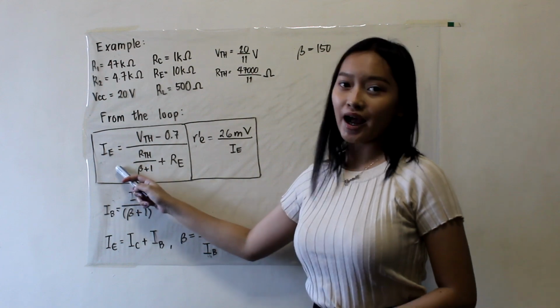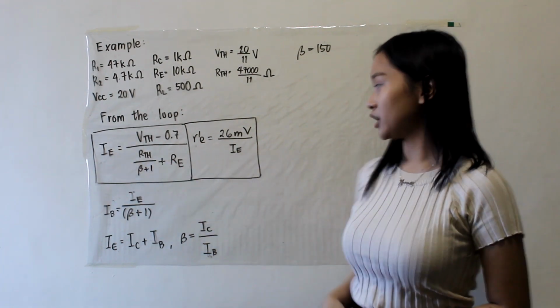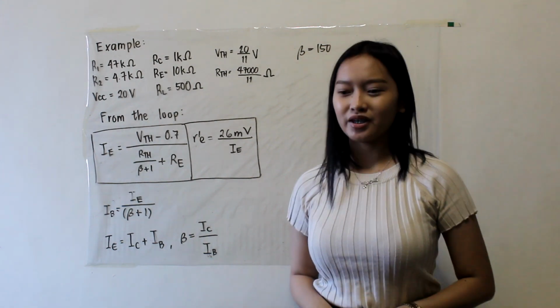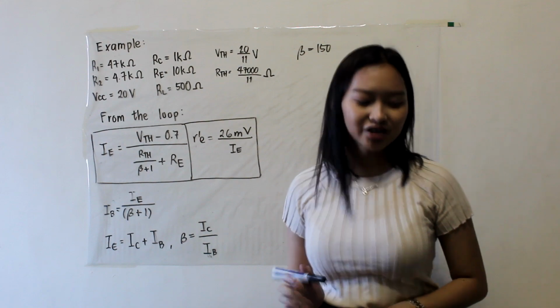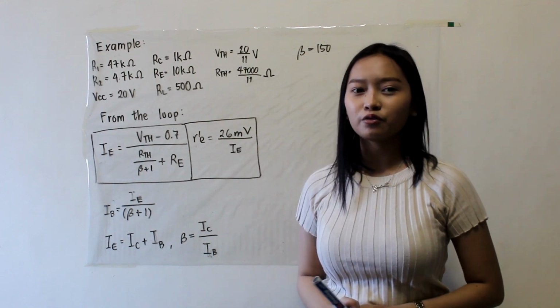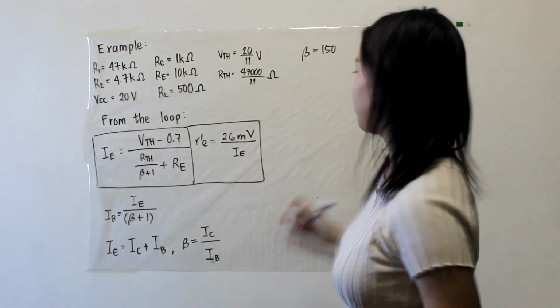We need to solve for IE in order to solve for R prime E. R prime E is the internal resistance of the emitter side caused by the beta. Now, let us solve for IE.